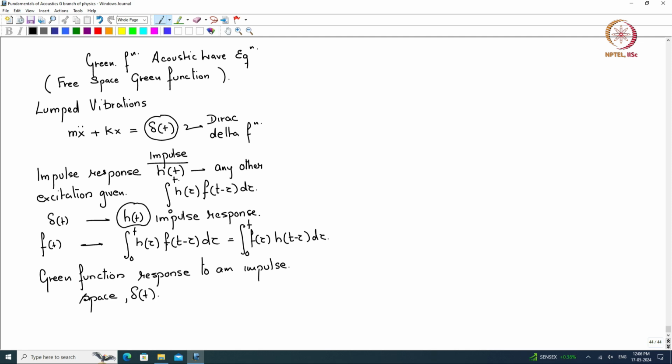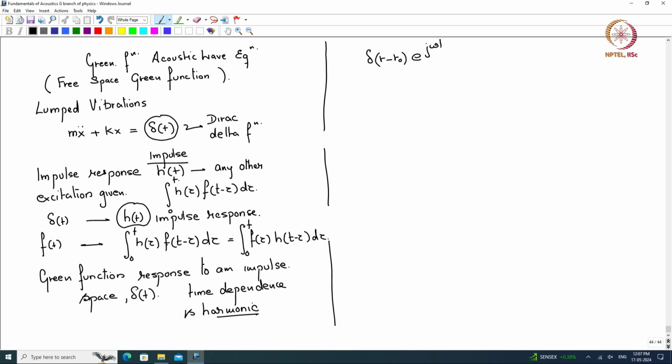But for our case in this course, our time dependence is always harmonic. And so the spatial impulse is denoted by delta of r minus r0 along with the harmonic time dependence.